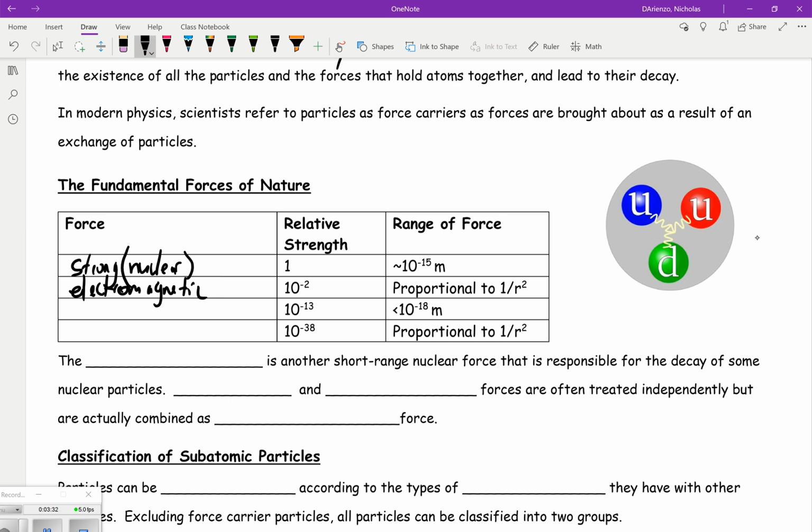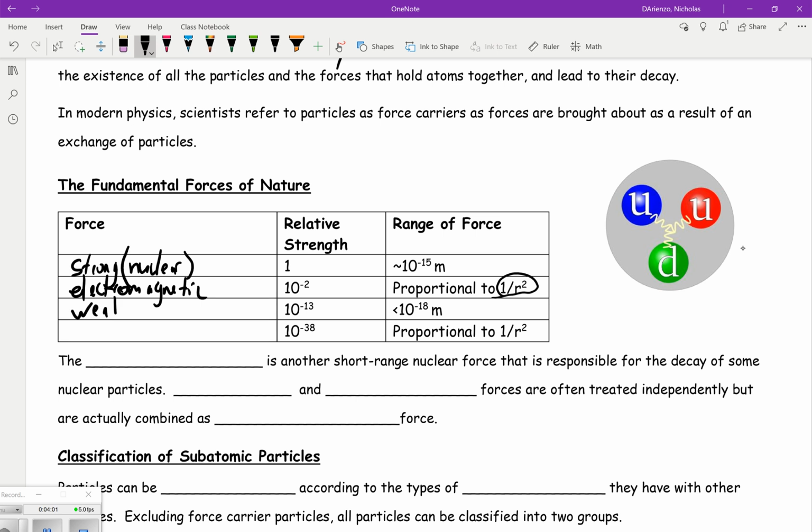It's still pretty strong, and it has a more effective range. We know that it is proportional to 1 over the radius between the objects squared. That's going to have a greater distance to be effective when compared to the strong nuclear force, although the electromagnetic is going to be a slightly weaker force.